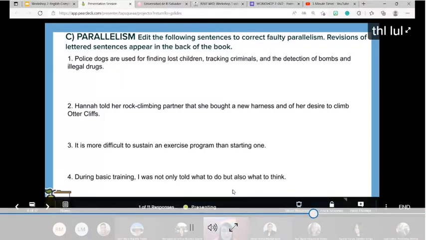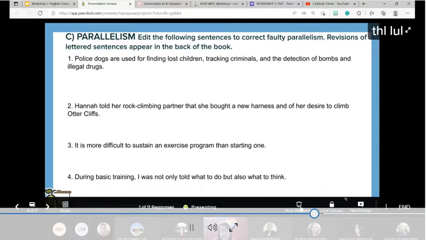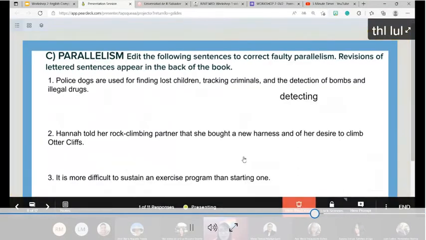Good. Now let's continue. Hannah told her rock climbing partner that she bought a new harness and of her desire to climb other cliff. What is the issue here?